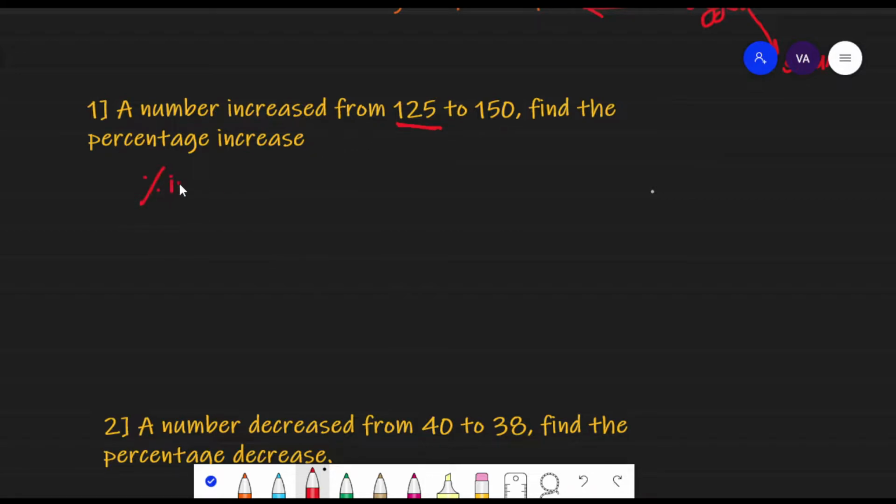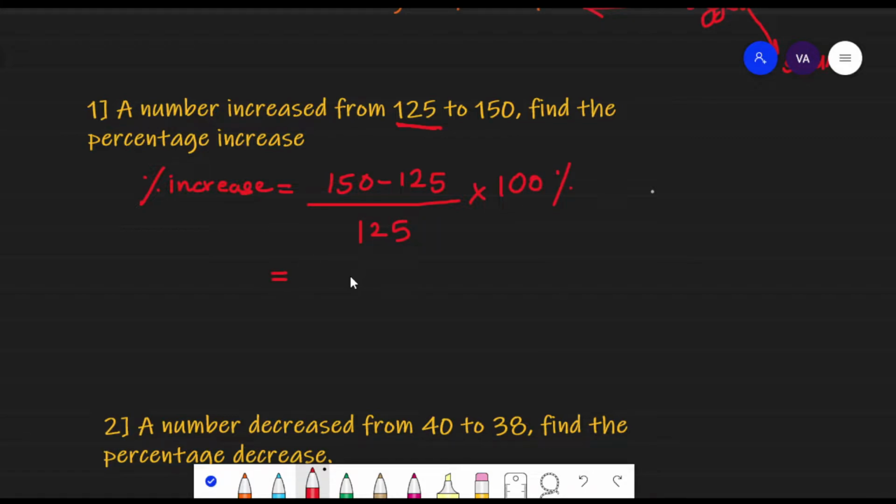Our formula for percentage increase is the increase in the quantity, which is 150 minus 125, divided by the original quantity 125, into 100%.